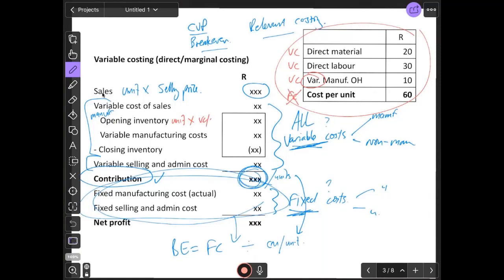So this is the variable cost per unit. So you'll see opening and closing inventory will be different. And that is the only reason why the profit will be different from absorption cost. The only reason. Nothing else will make the profit different apart from the fixed manufacturing overheads that's in opening and closing inventory. And that is what we'll show in the reconciliation.